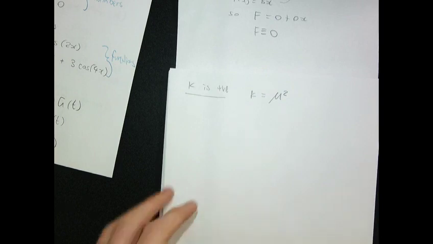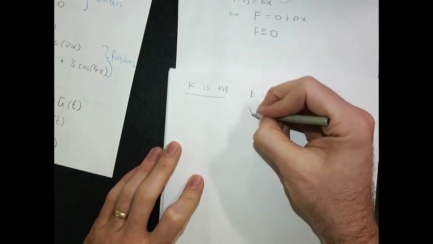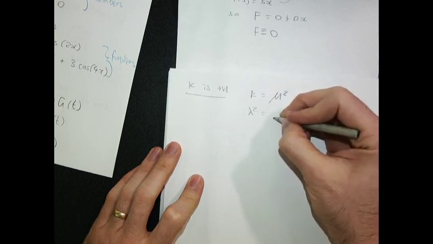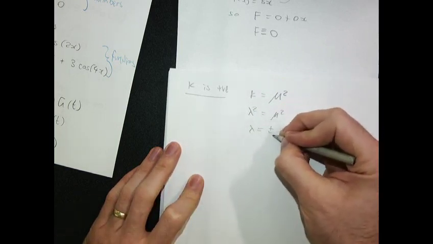Okay, so if it's something squared and that mu is a real number, it'll totally be positive. And that will mean that when I do the square root, it'll come out to be a plus or minus mu. So that means my lambda squared is mu squared, and so my lambda is actually plus or minus mu.